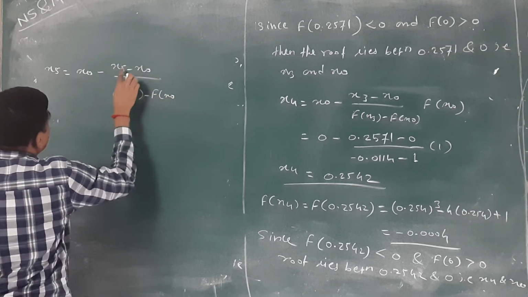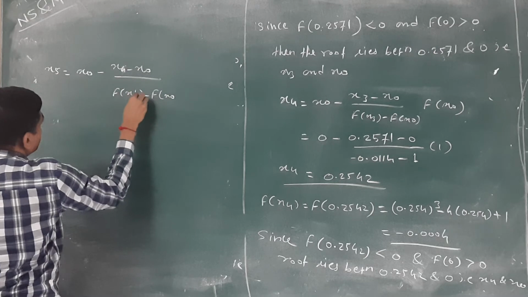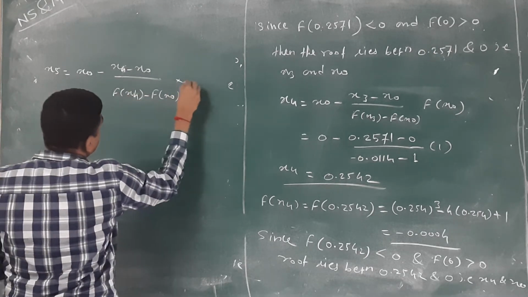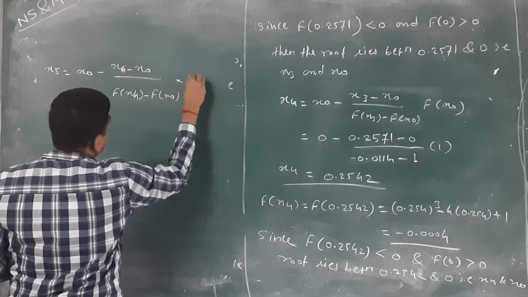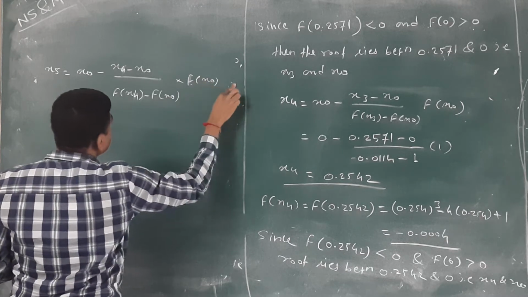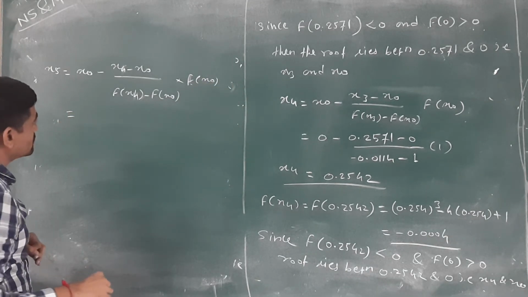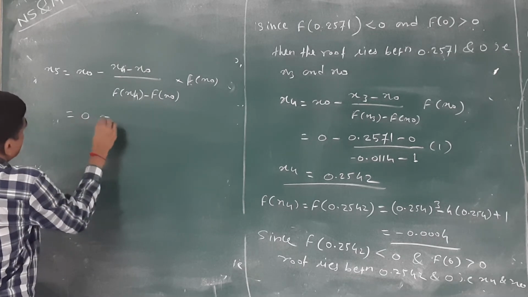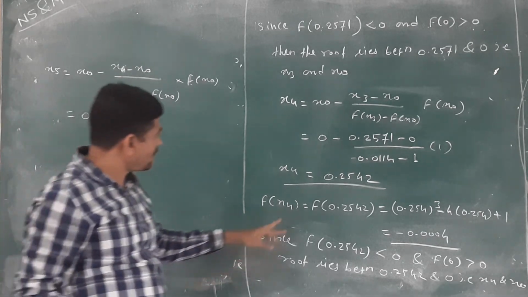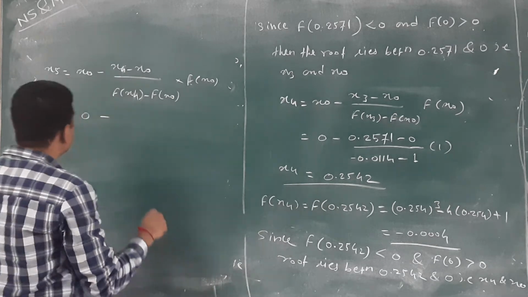Here x5 we want to calculate, and x4 is there. Okay, this is the formula. You have to put the values in it. x0 is equal to 0. What is the value of x4? We have calculated here 0.2542.